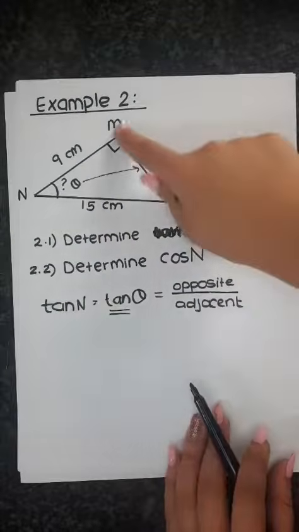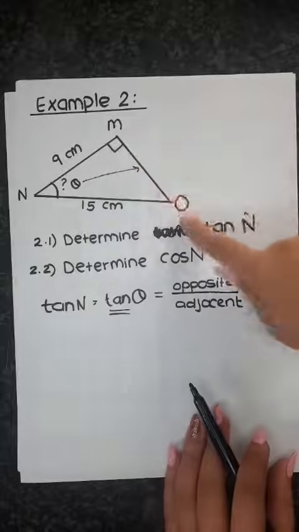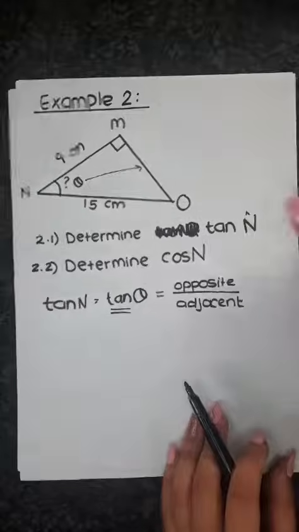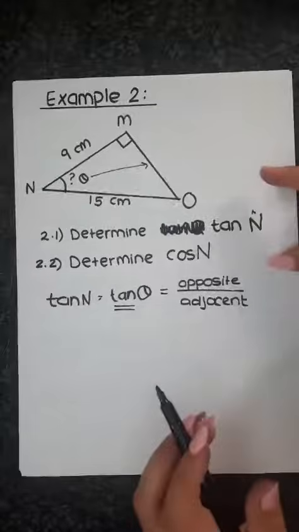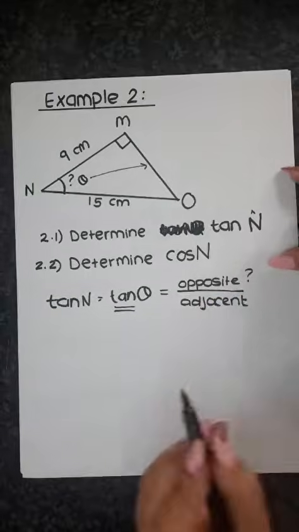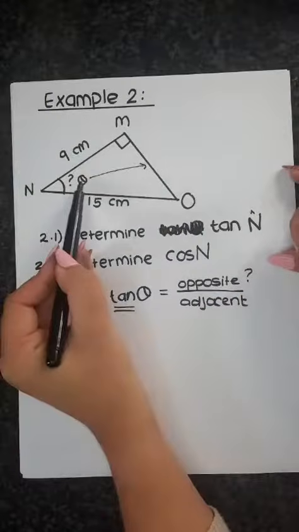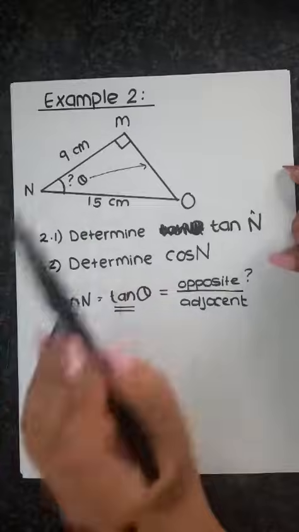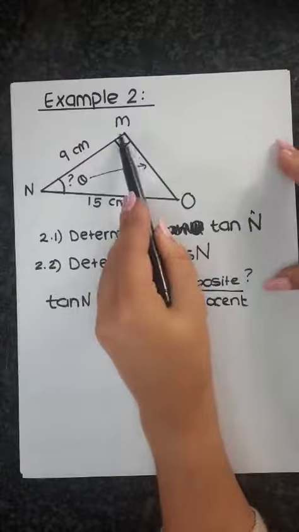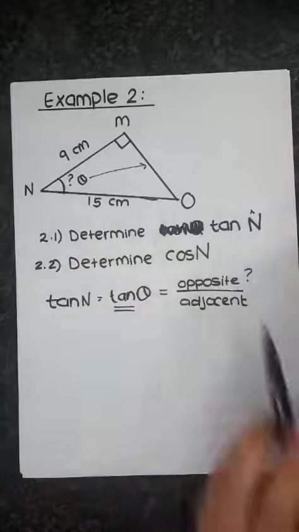Do I have a value for MO? No, I don't. Oh no. So I'm going to put a question mark there for a second. However, what is adjacent to my theta? Now be careful. Is the 9 my adjacent or is the 15 my adjacent?